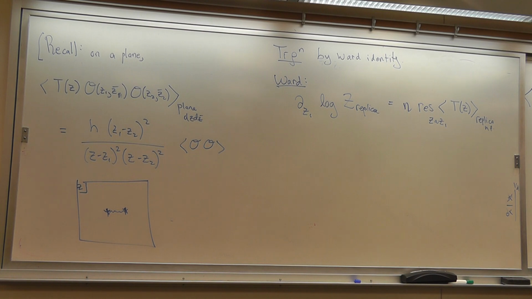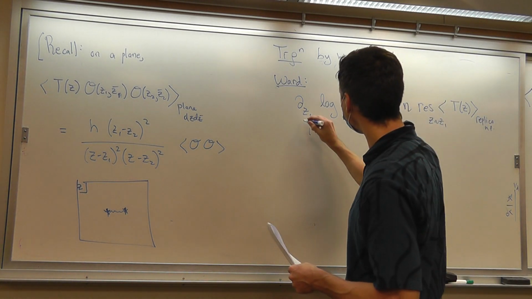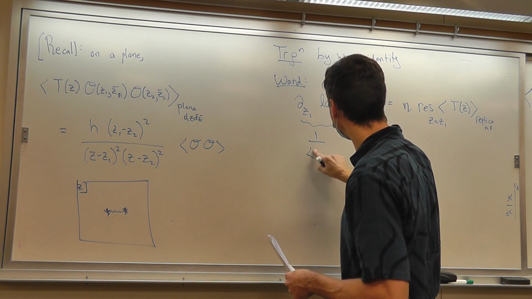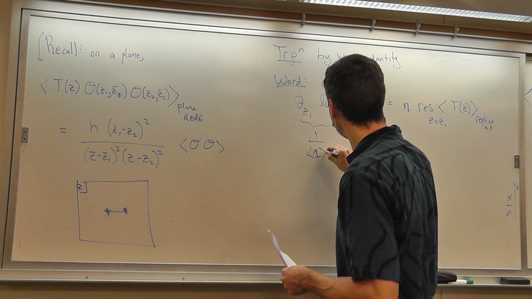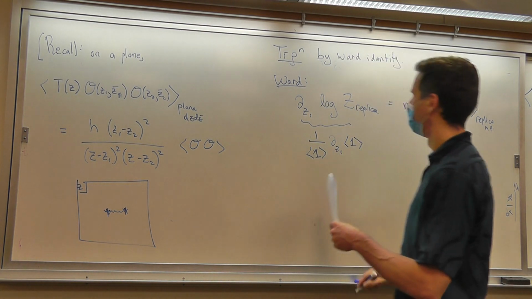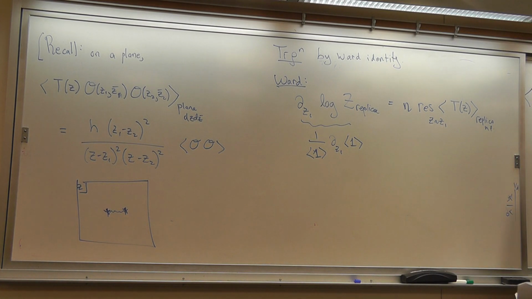So we have seen this formula. I didn't write it quite this way. I wrote it in terms of correlation functions. But this left-hand side here is just 1 over the partition function times d by dz1 of the partition function, because the partition function is the expectation value of 1.